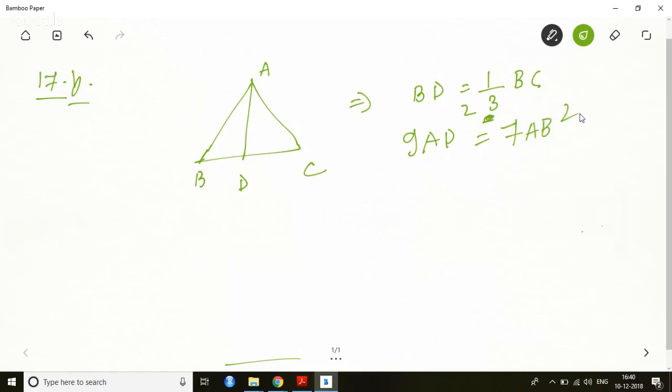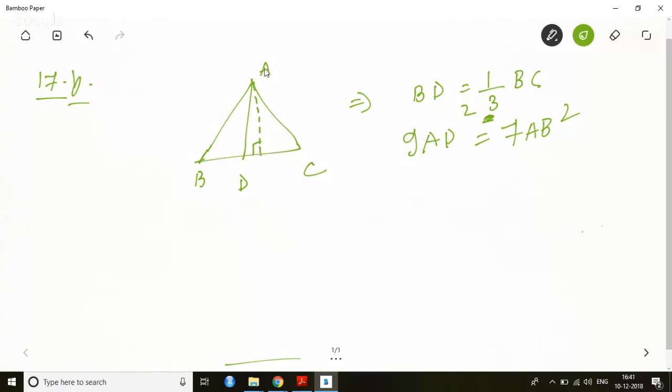So what I do is I draw a perpendicular from here. Now this perpendicular would be a perpendicular bisector, because in any equilateral triangle, if from a vertex I draw a perpendicular to the opposite side, that perpendicular is a perpendicular bisector. So I can find the length of this perpendicular bisector in terms of AB.